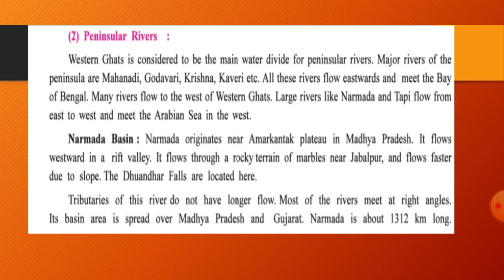It flows quite fast due to the sloping terrain, and the beautiful Dhuandhar Fall is located on the river Narmada in Jabalpur. The tributaries of the Narmada do not have a long flow, and most of them meet at right angles. The Narmada basin is spread over Madhya Pradesh and Gujarat.